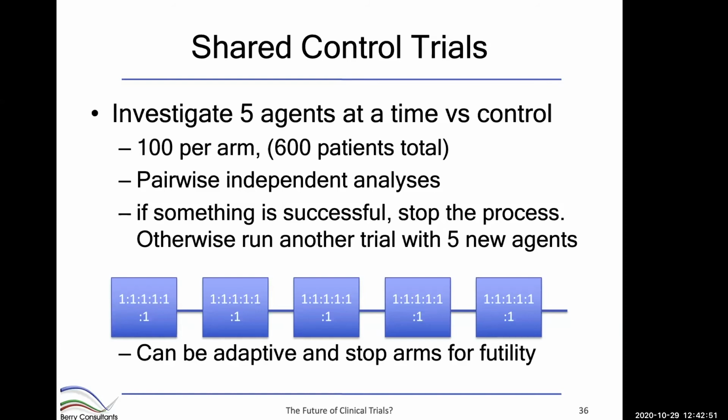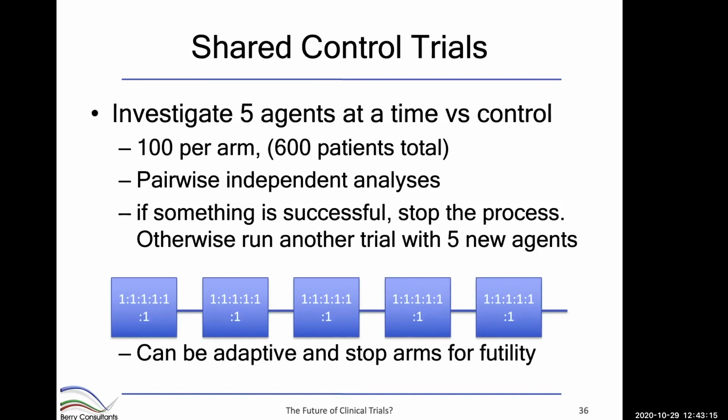And then at the end of this, I'm going to say, well, do any of the 5 work? And if something did, I'm going to stop the process. Otherwise, I'm going to run another trial with 5 new agents. Now, typically in this situation, if you're a statistical kind of person, you should immediately be thinking, oh, you're testing multiple things.